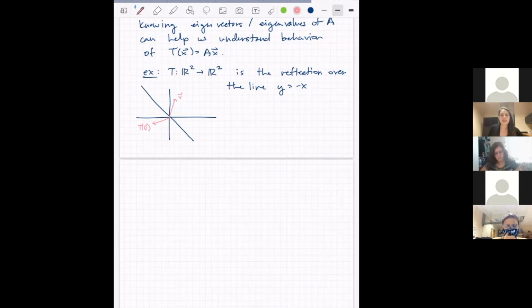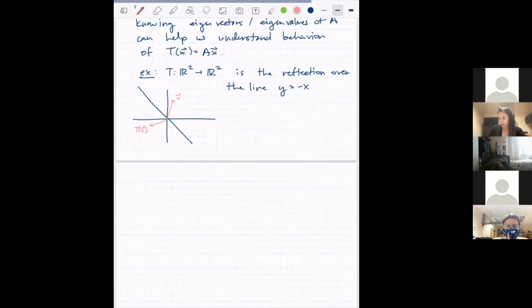And remember that a vector is an eigenvector if v and T of v are collinear with the origin, right? So this vector that I drew here is not an eigenvector, since v, T of v and the origin are not collinear.